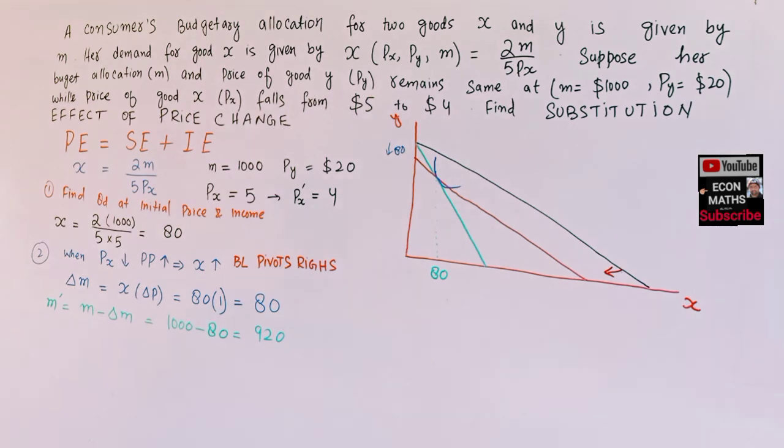Fine. Now the next step will be to find out the quantity demanded at the new income and at the new price.